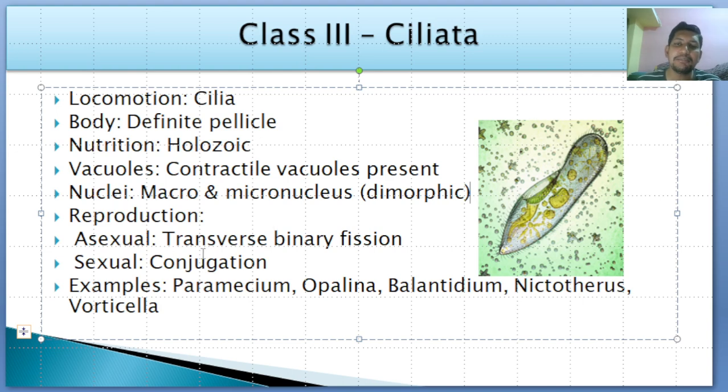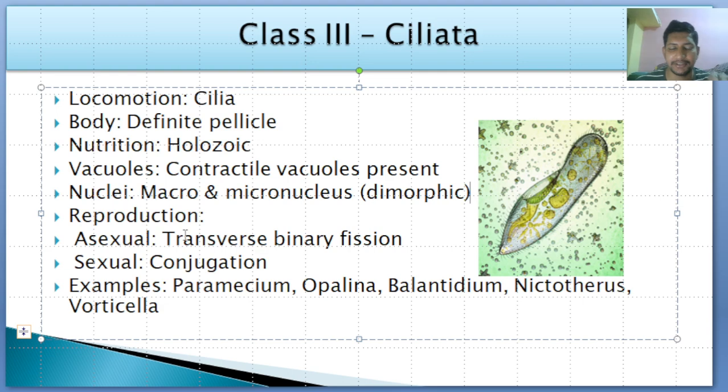Now coming to reproduction, a very important concept. In case of Ciliata, the asexual reproduction takes place by transverse binary fission. In Flagellata, I told you asexual reproduction takes place by longitudinal binary fission, but in Ciliata it takes place by transverse.